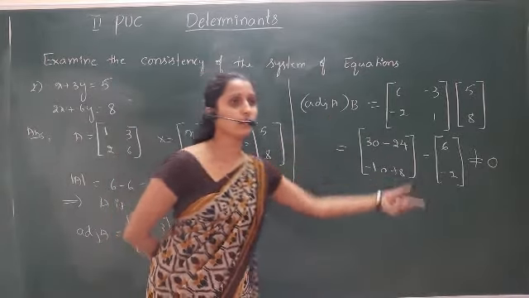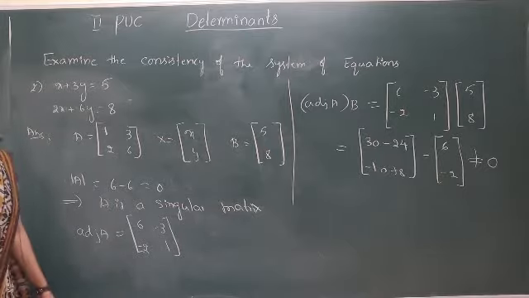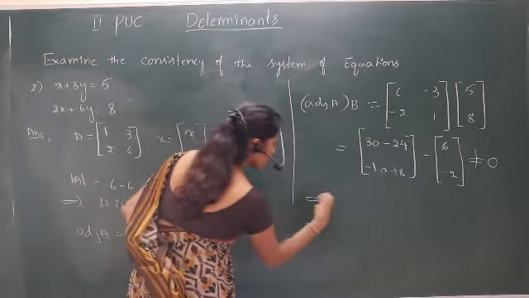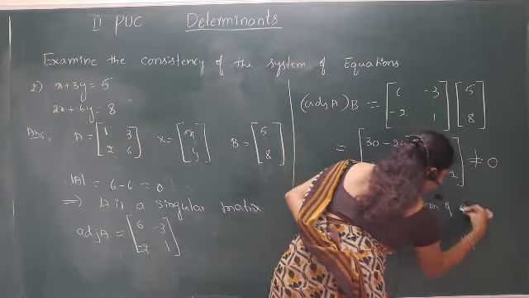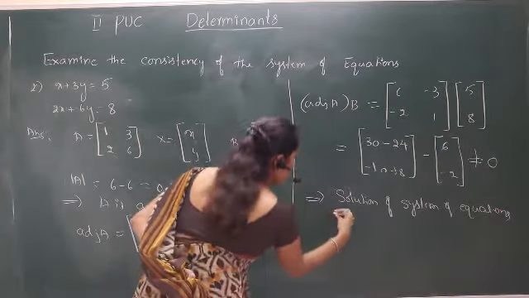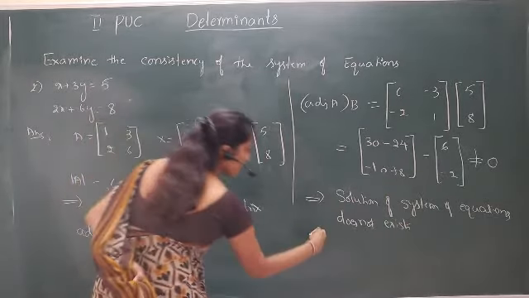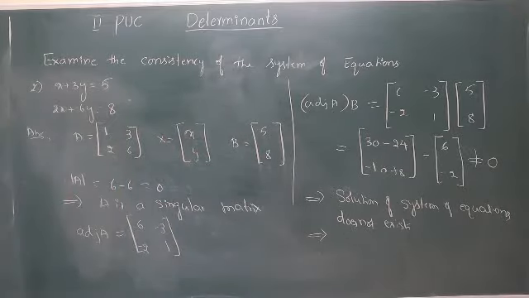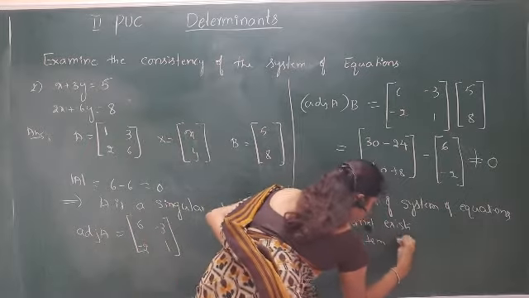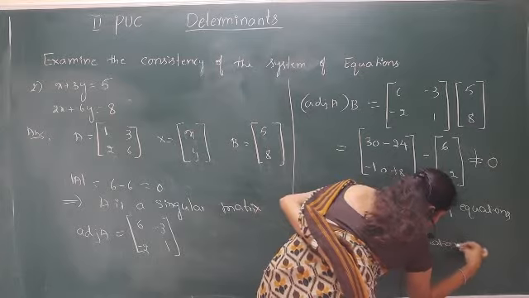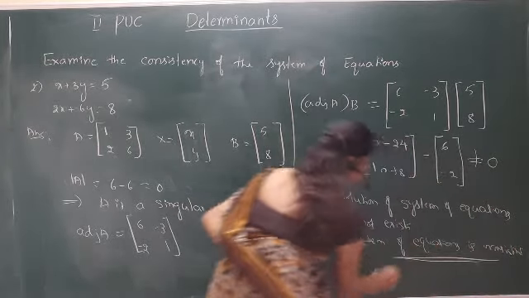If adjoint A into B is not equal to 0, then this implies the solution of the system of equations does not exist. This implies the system of equations is inconsistent. So this is the answer for this question.